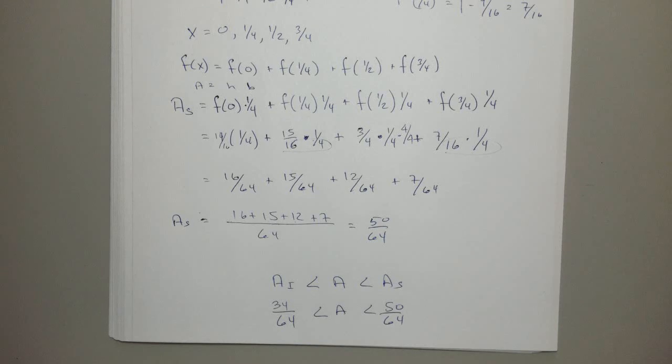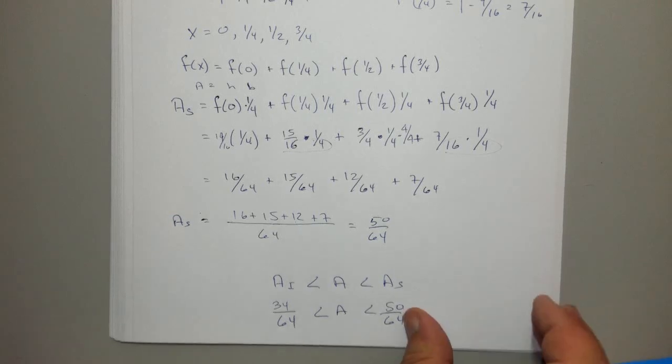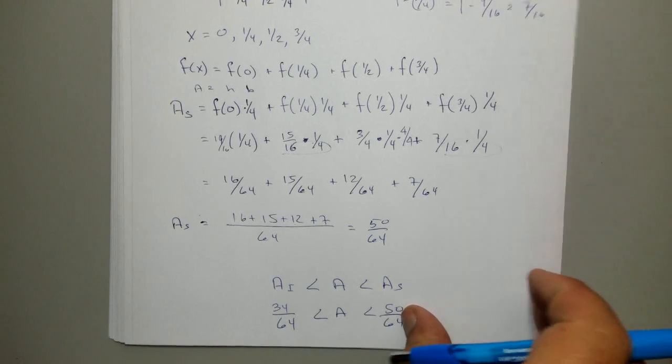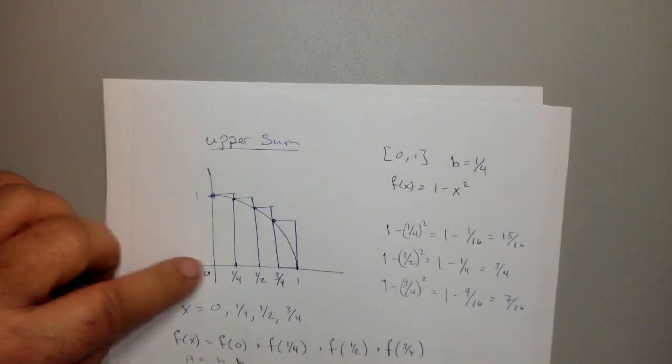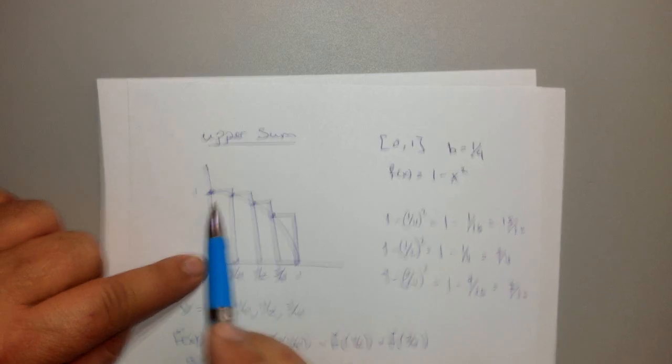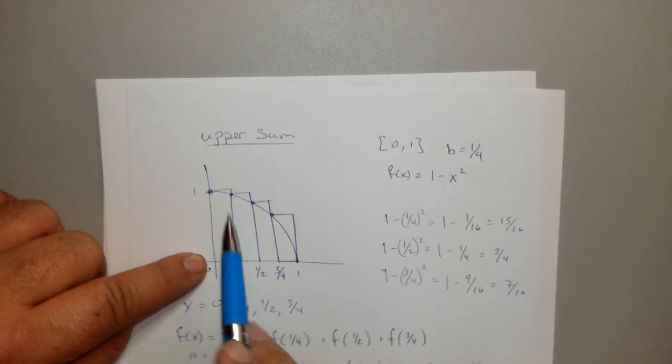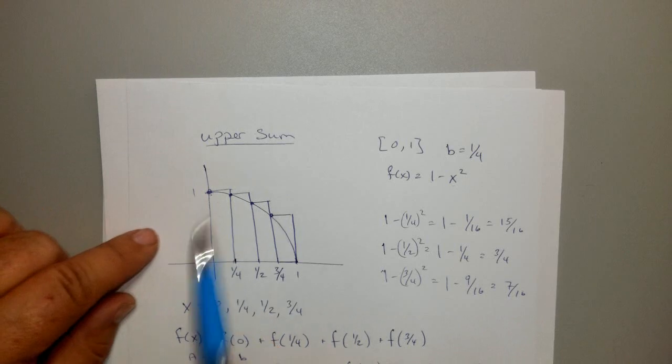Can you think of another method to get us even closer using rectangles? Because if we use the left bound, we have too much wasted. If you use the right bound, you have not enough counted.